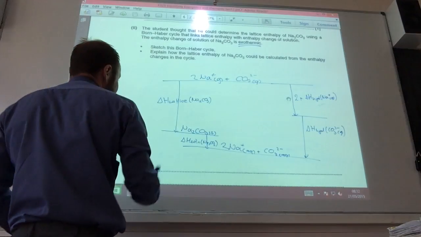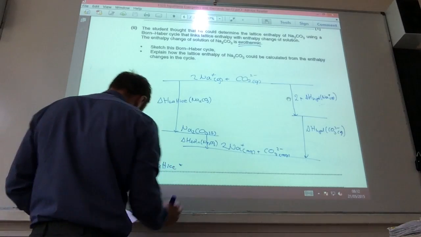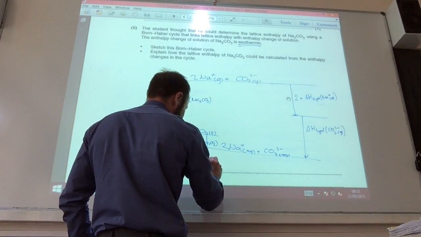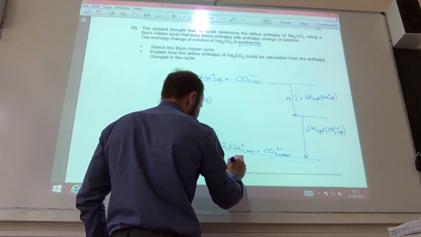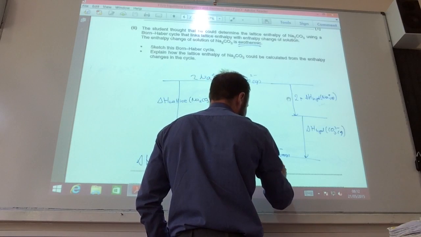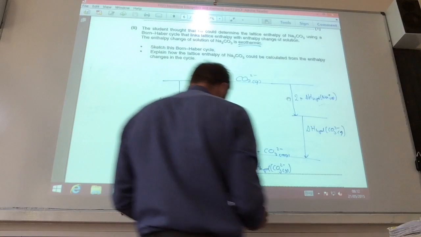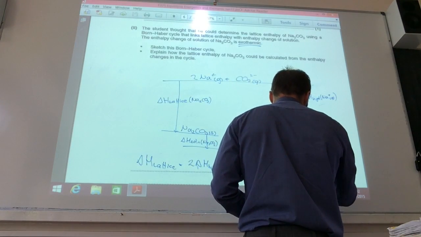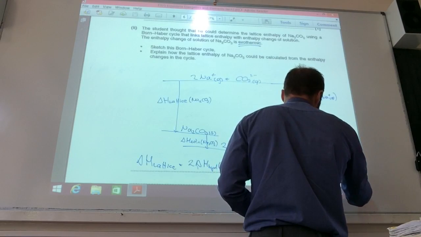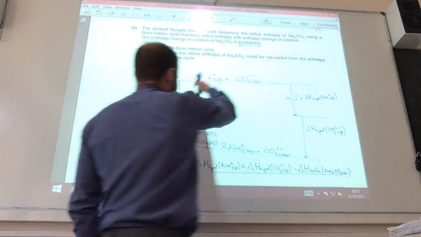And that gives you, so delta H lattice is going to equal 2 times delta H hydration for Na plus gas plus delta H hydration for the carbonate ion. And it's also going to be minus delta H solution of sodium carbonate solid, like so. Because that side has to equal that side.